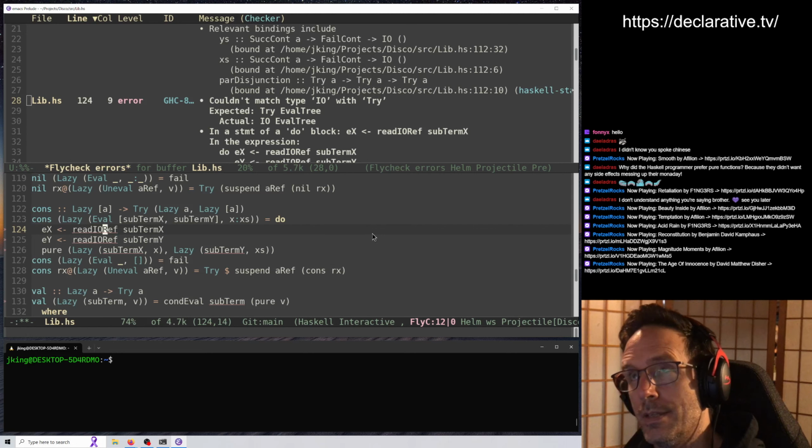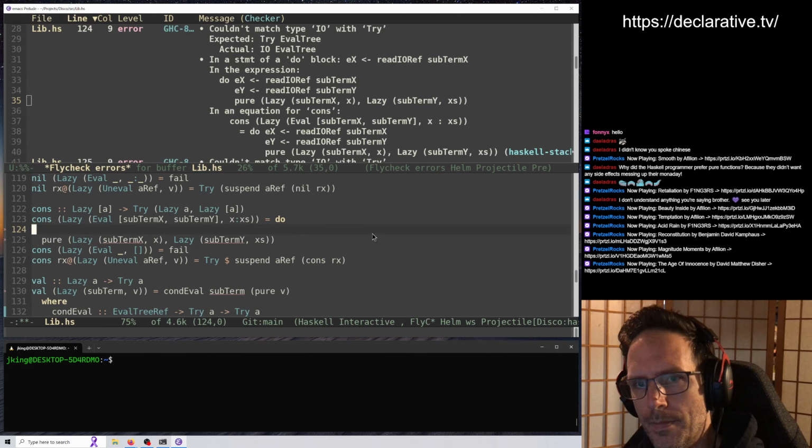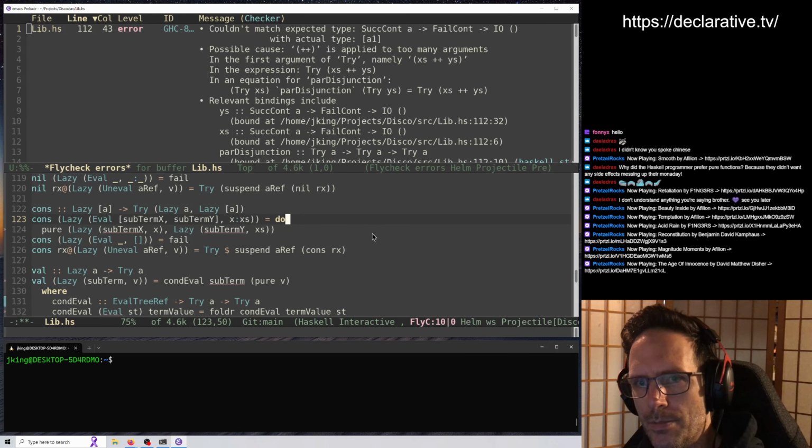Okay, so try isn't technically a monad in the sense of a transformer where it's built on top of IO. It's just got this function inside that has IO at the bottom. So that's not the right approach.